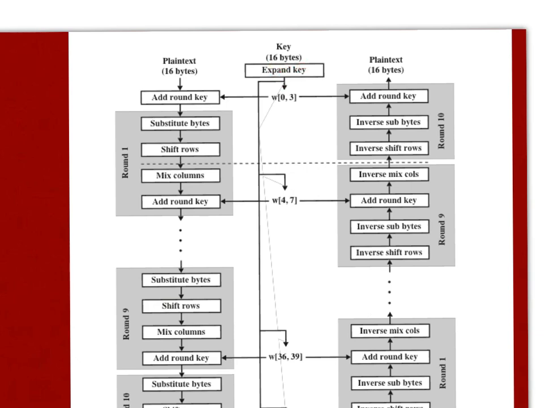The key expansion converts the 16 bytes into 10 different two-dimensional matrices of 4 by 4. So they arrange the 16 bytes into a 4 by 4 matrix, and they have 10 of these matrices for the 10 different rounds.